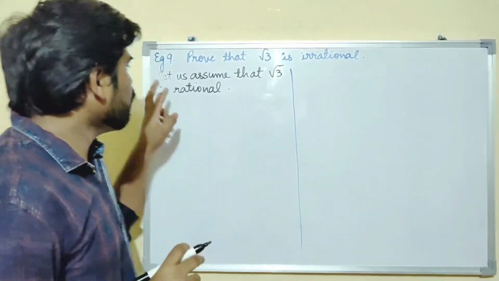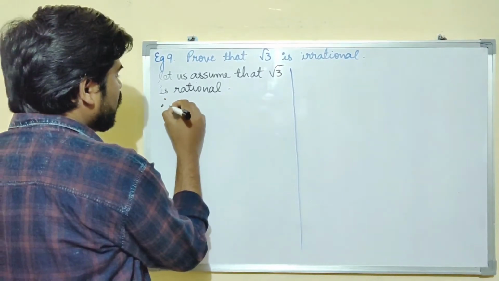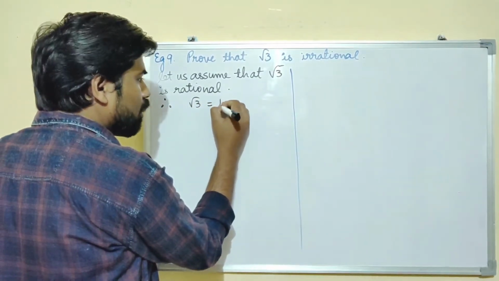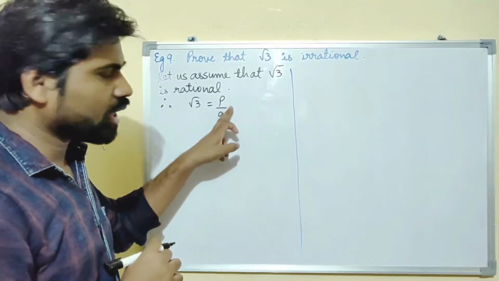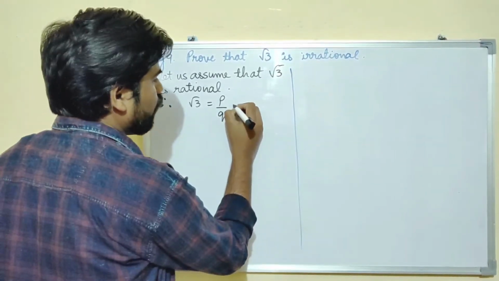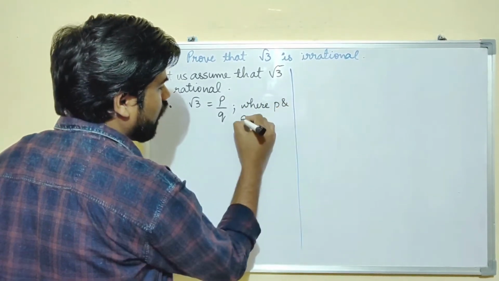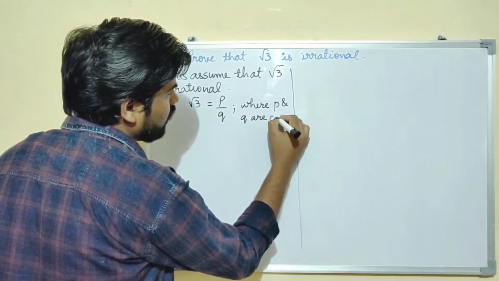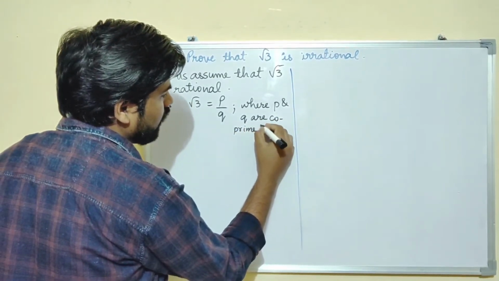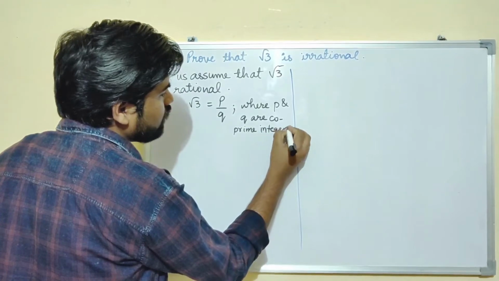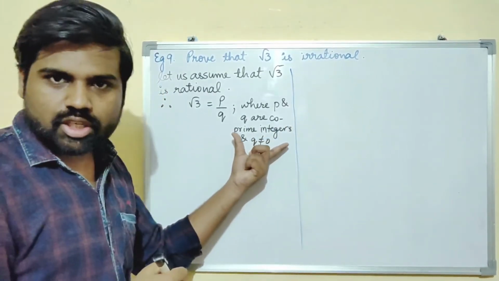Therefore we can write root 3 equals p upon q, where p and q are co-prime integers, and q is not equal to 0. This was the definition of a rational number.